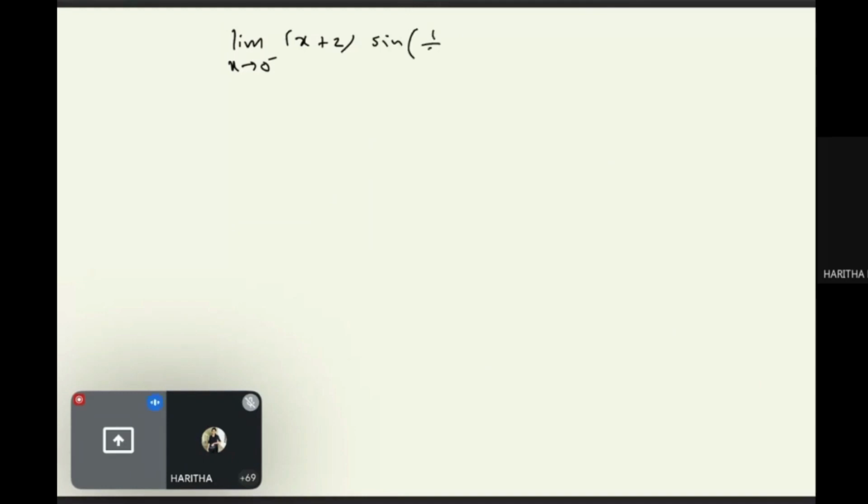So maybe we can write this as x sine 1 by x plus 2 sine 1 by x. Now, we already discussed that this limit exists, right? The first one tends to 0 as x tends to 0. Now, how about the other term, 2 sine 1 by x, does the limit exist?